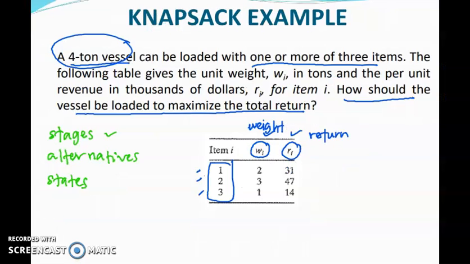Before we proceed with how to solve the knapsack problem, as I mentioned just now, we have to choose which items to load into this vessel, where we have a limited capacity of only 4 tons, and every item has its own weight and its own return.